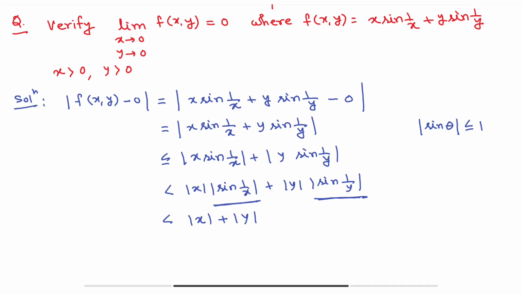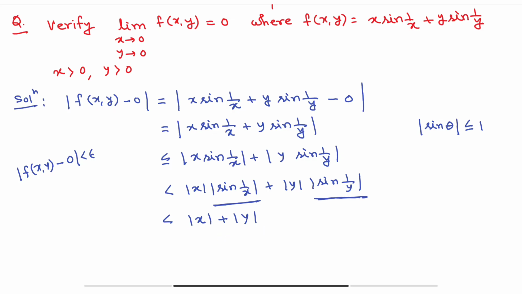Our aim is we have to show that modulus of f of xy minus 0 is less than epsilon. That means we have to write epsilon in place of modulus of x plus modulus of y.